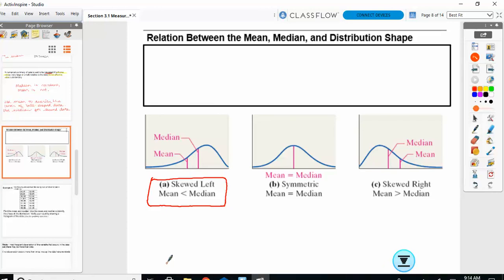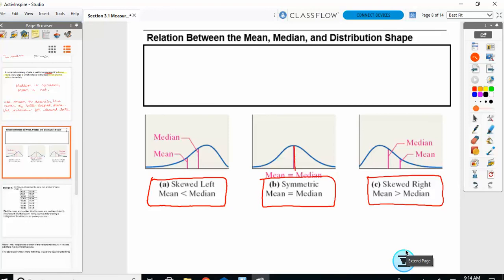Skewed left, you have a lot of low values, so it will drag your mean down. If it's symmetric, bell-shaped data, the mean and the median should be the same, or very, very close to it. In real data, a lot of times it's not perfect, but they should be close to each other. If it's skewed to the right, that means we have more high values. So what that's going to do is drag your mean up. So when it's skewed right, the mean is going to be bigger than your median.